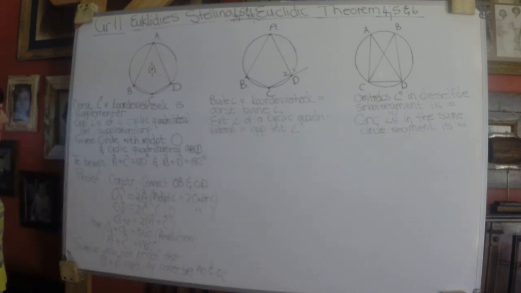Okay, that's our first theorem. Opposite angles of a cyclic quadrilateral is supplementary, ons eerste stelling. Reg so. Kom ons gaan kyk na ons tweede stelling.